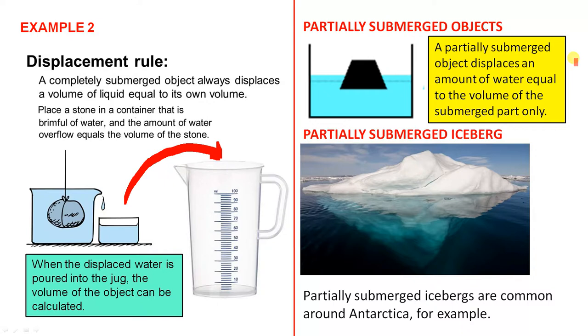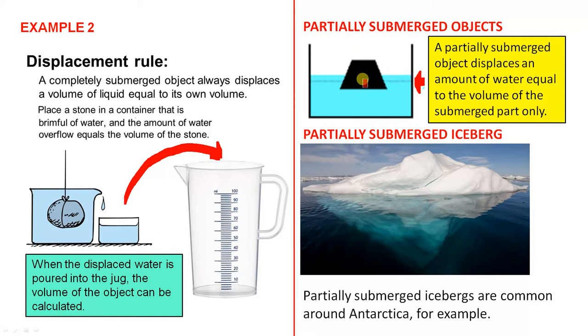Partially submerged objects. A partially submerged object displaces an amount of water equal to the volume of the submerged part only. So this part here, just the part that's under the water, of course you had a mark, just pretend you had a mark here for the original container where it had the water.